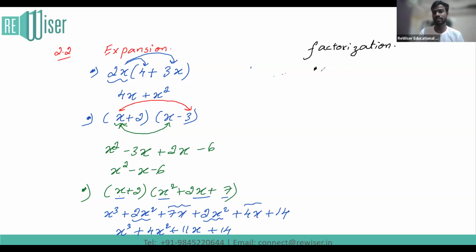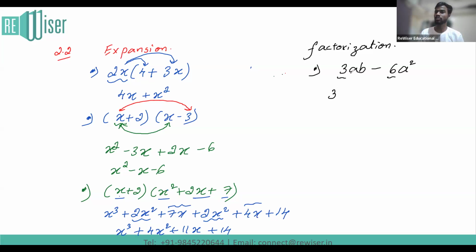Suppose I have something like 3ab minus 6a squared. Out of these two terms, what is the highest common factor we have? If I look at the numbers, out of 3 and 6, the common factor we have is 3. So we can take out 3 common.